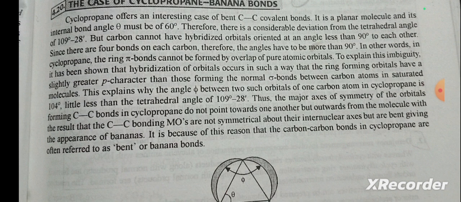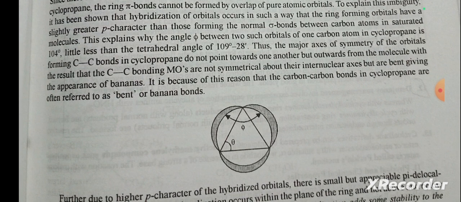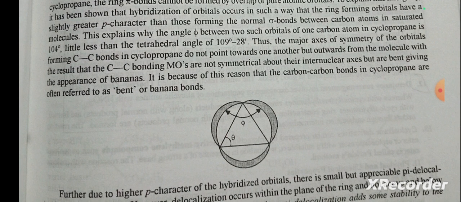Thus, the major axes of symmetry of the orbitals forming the carbon-carbon bonds in cyclopropane do not point toward one another but outward from the molecule, with the result that the carbon-carbon sigma bond MOs are not symmetrical about their internuclear axis, and the bonds give the appearance of bananas.